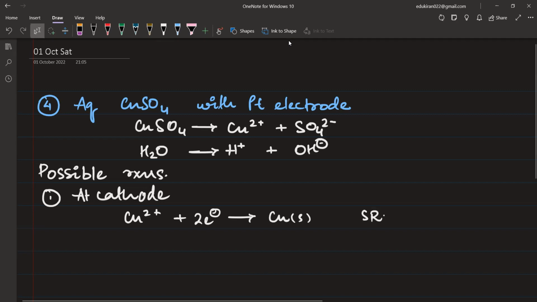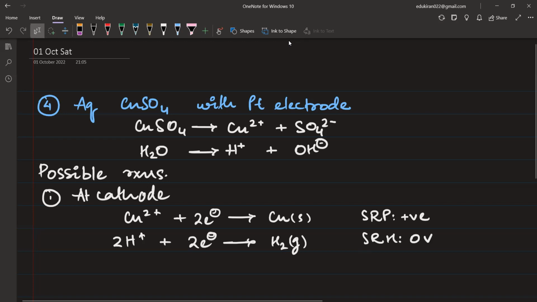That is why the reduction potential of copper is going to be positive. If I compare this with water, then from water we'll get H+ ion. Taking 2H+ and 2 electrons, giving you H2 gas. Now the SRP of this reaction is going to be 0 volts. So obviously this is not going to happen. This reaction is going to happen. Why? Because SRP of Cu2+ is greater than that of H+, right?